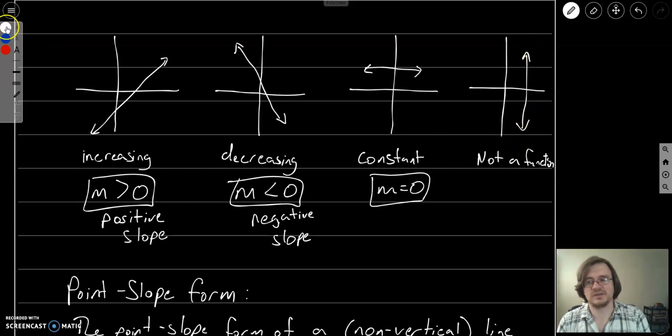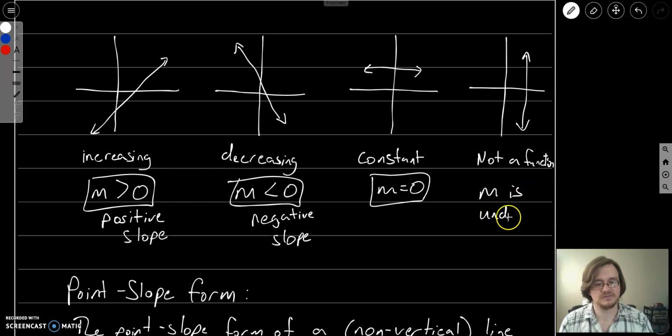Well, with its slope, the rise is going to go up, so it has a positive rise. But the run, how far it changes from left to right, it doesn't. So we're going to have a slope that's a positive number divided by 0. Well, we can't divide by 0. So the slope, m, is undefined.